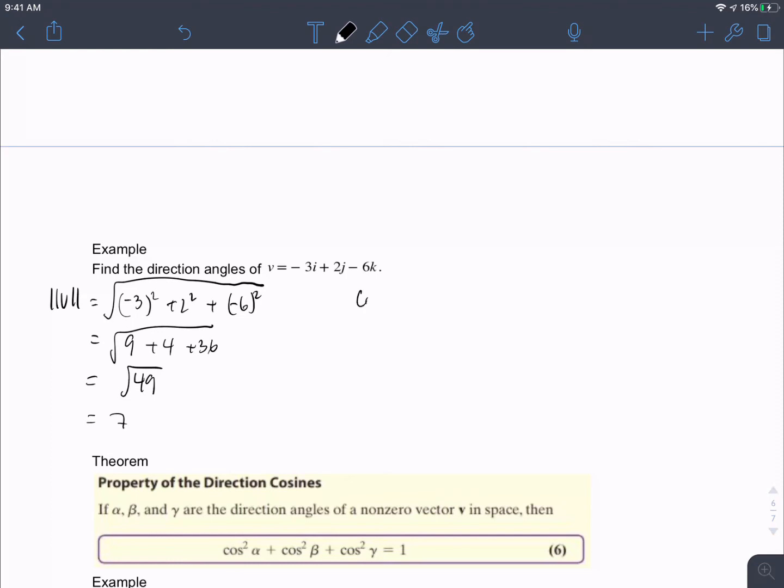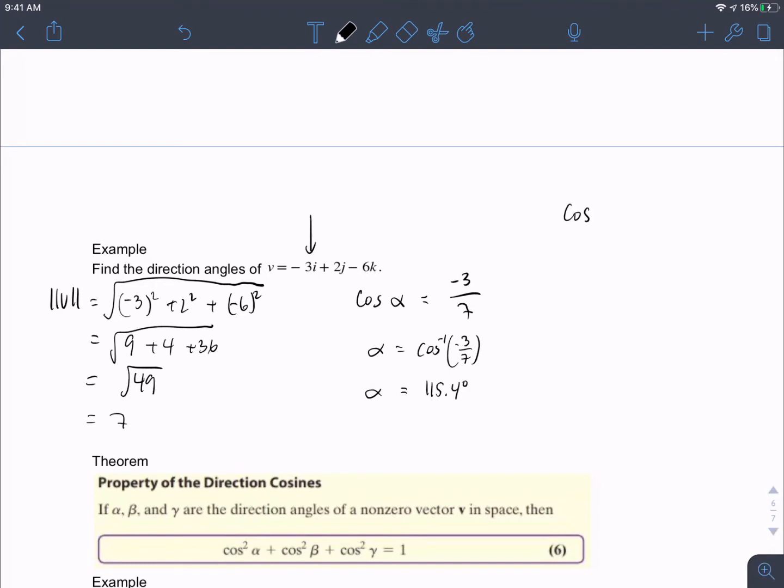Now, cosine of alpha, remember, is going to be the a, which is -3, over the magnitude, which is 7. And so we know that alpha will be equal to the inverse cosine of -3 over 7. And that's going to tell me that alpha is 115.4 degrees.